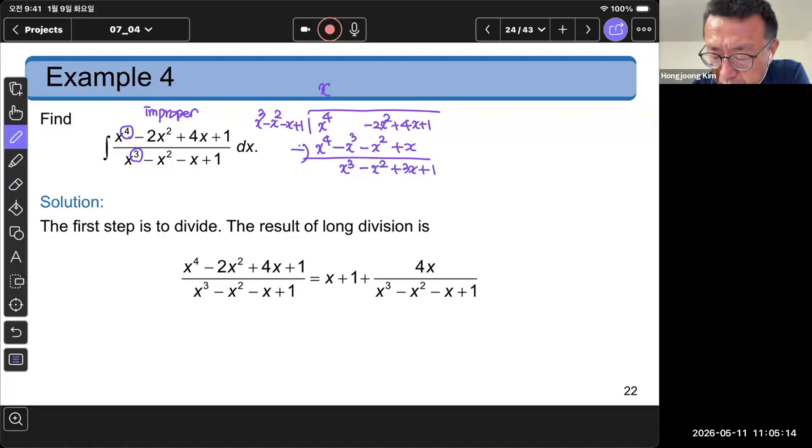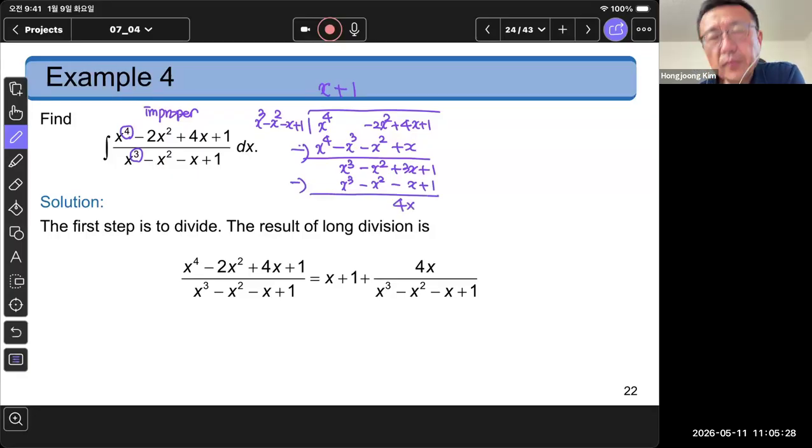And then if I consider 1, then you get x cubed minus x squared minus x plus 1. So if I subtract this expression below, then you get 4x. So that means this expression in the numerator can be written as x plus 1 times the denominator plus 4x.